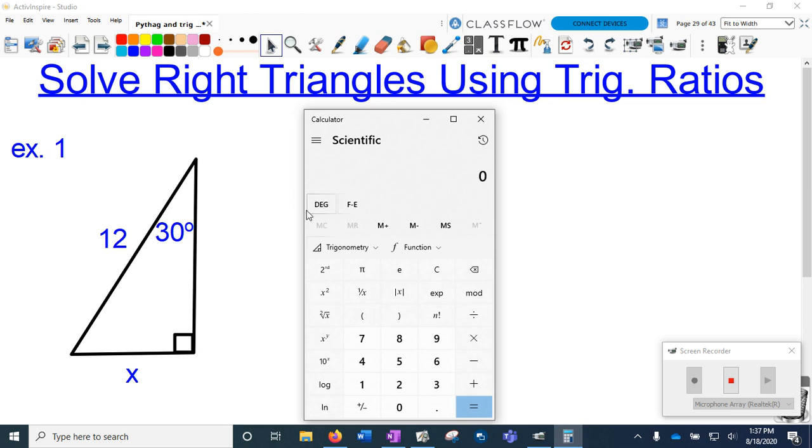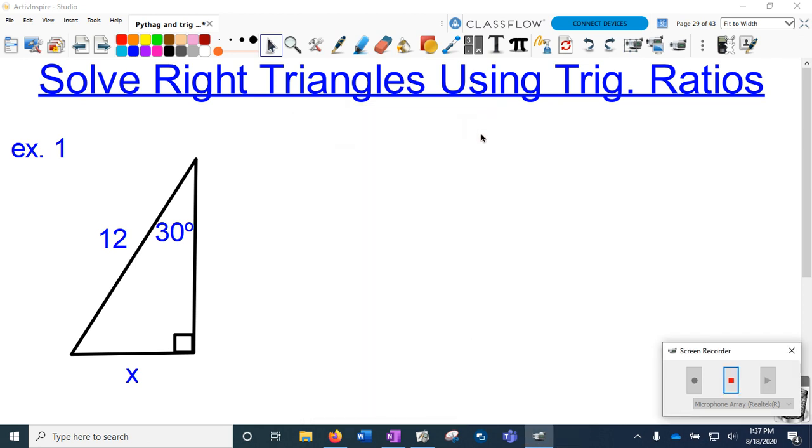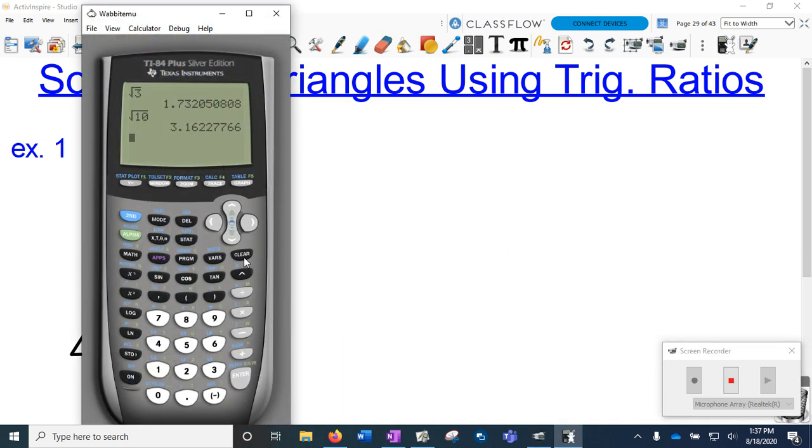This one's already set to degree mode, so I don't have to worry about that. If you're using a TI calculator, you have to change the mode. You press mode, go to the third line down where it says radian, and put that in degree mode. Whatever calculator you're using, you need to be in degree mode.